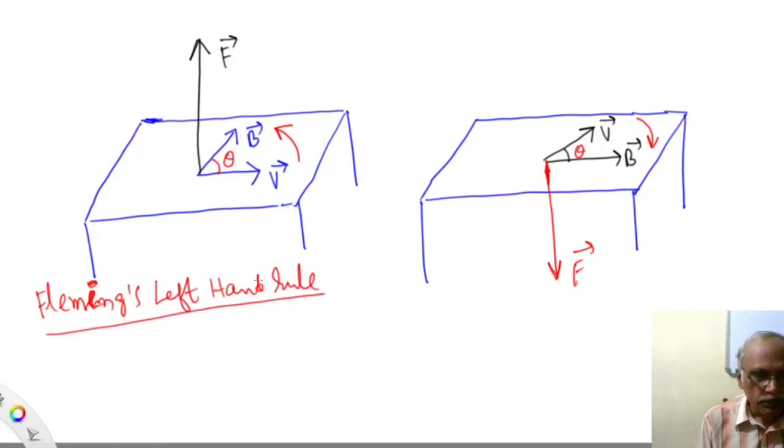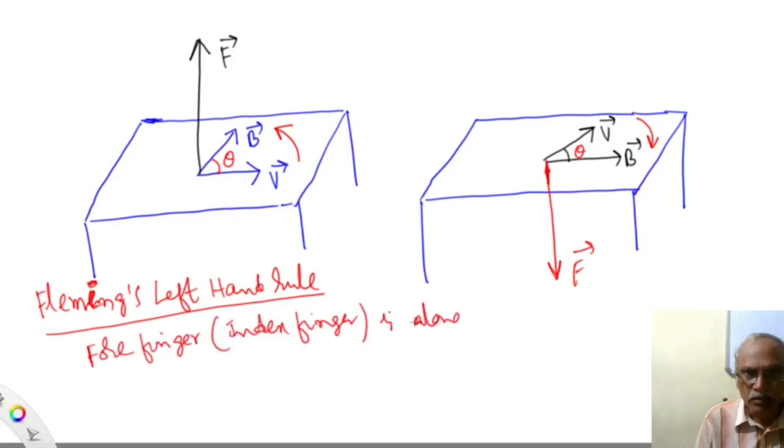You have to keep the middle finger in the direction of velocity of the positive charge, and the forefinger, which means the index finger, in the direction of the magnetic field B bar.